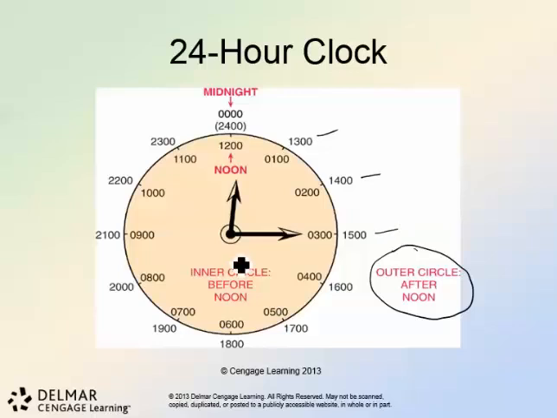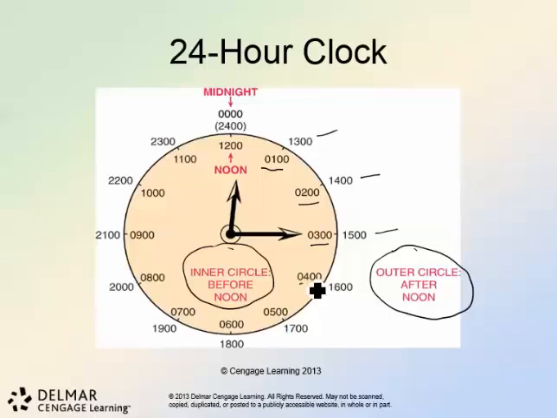And on the inside, we have the AM times, which we would put AM in traditional time, but with 24-hour clock international time, we don't need the AM or PM, and we shouldn't use it. So 1 AM in the morning is 0100, 2 AM is 0200, 0300 is 3 AM, and so on.